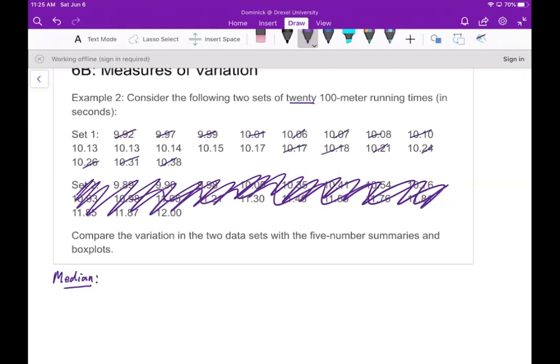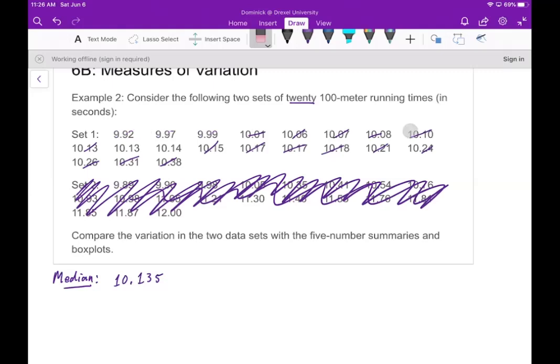Okay. And then it looks like we're left with 10.13 and 10.14. So my median is going to be 10.135. Right? If I average those together, I'll get 10.135.